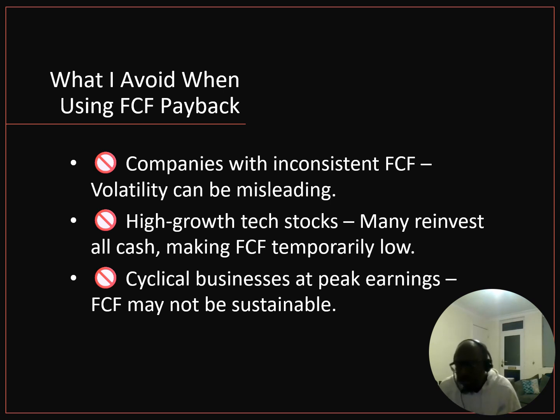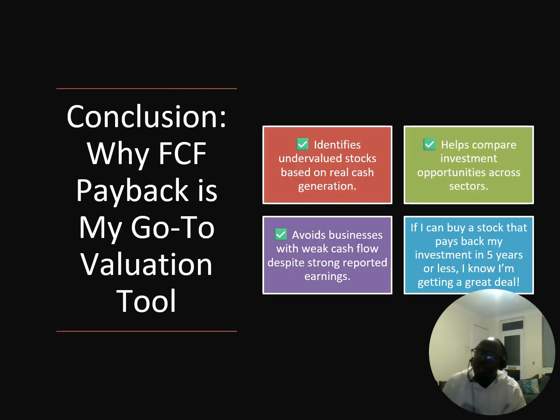And then also cyclical businesses at peak earnings, it may not be sustainable because free cash flow is going to go down from there. So the conclusion is that I will identify undervalued stocks based on real cash generation. The method also helps me to compare investment opportunities across different sectors. It also avoids businesses with weak cash flow despite strong reported earnings.